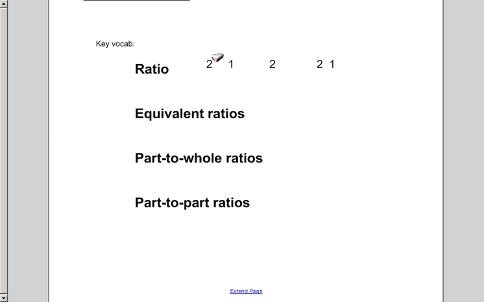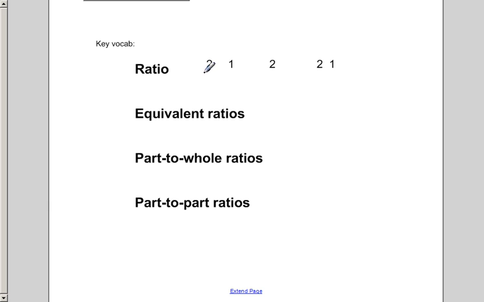Whereas miles per gallon compares distance to a volume of liquid, a ratio compares two things of the same unit. That might be boys to girls because they're both people, heads to tails because that's both referring to a coin flip, or wins to losses if you're referring to games played.